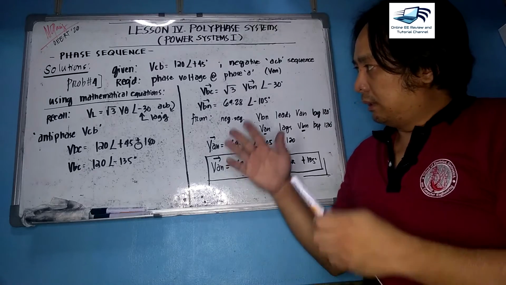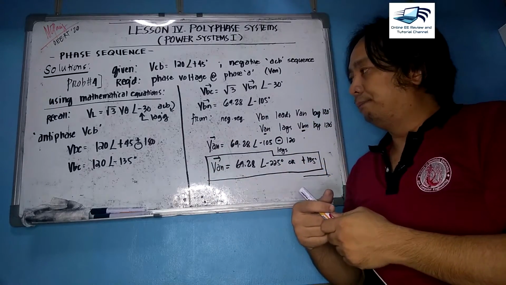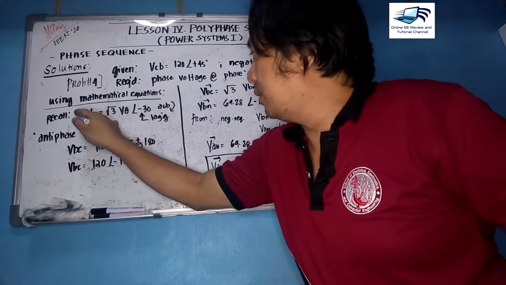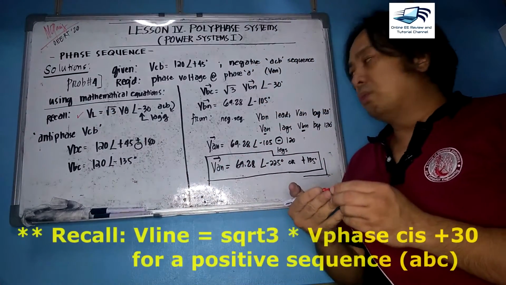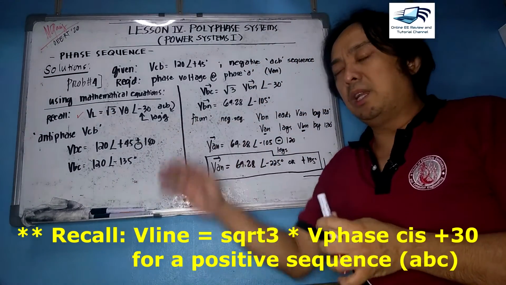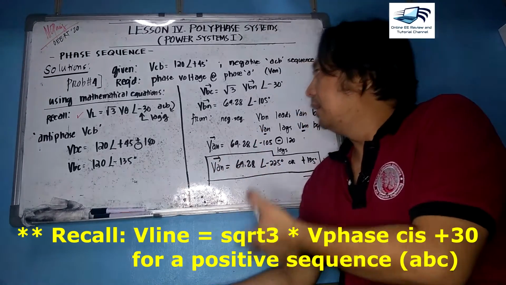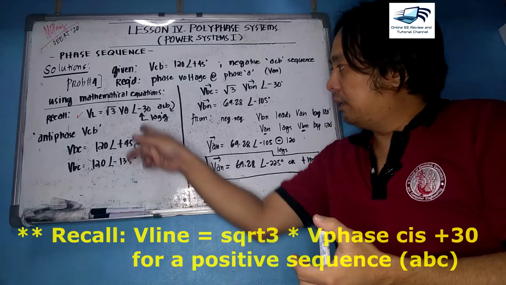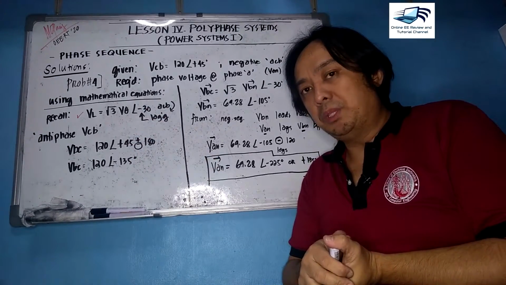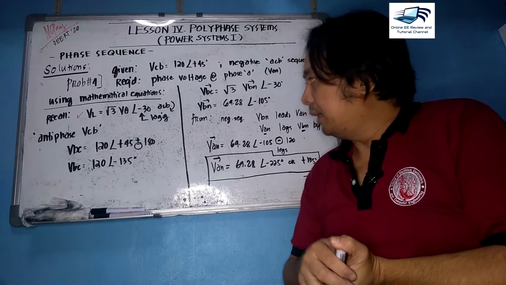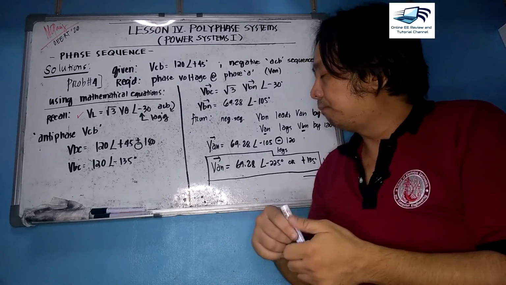Okay, now let us recall some equations here. First, this equation. We need to make use of that simply because that is the relationship of the line voltage and the phase voltage. And as we have mentioned, it is lagging by a certain angle, which is 30 degrees, in an ACB sequence.